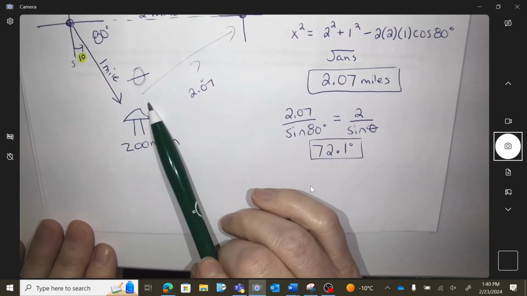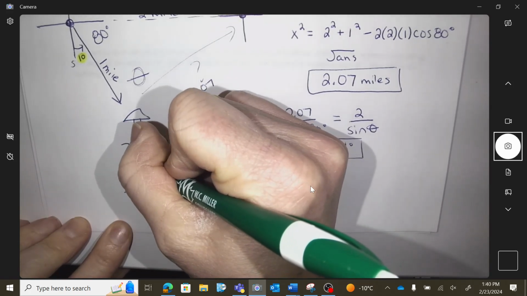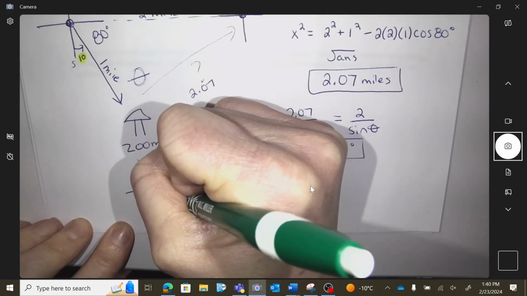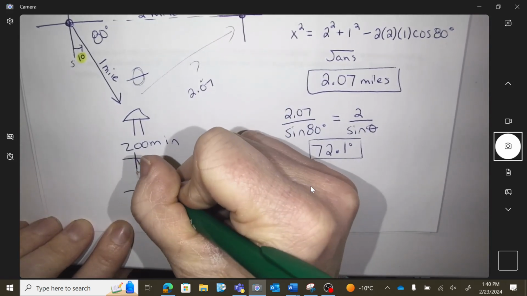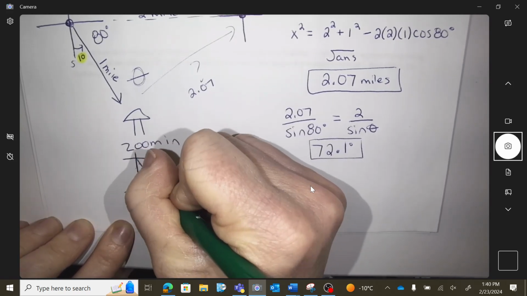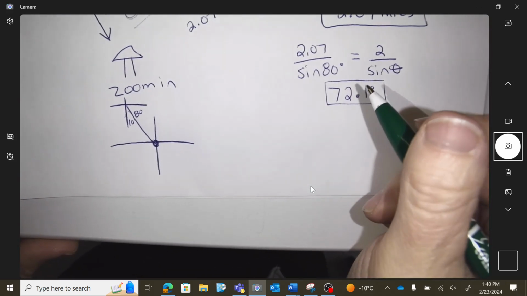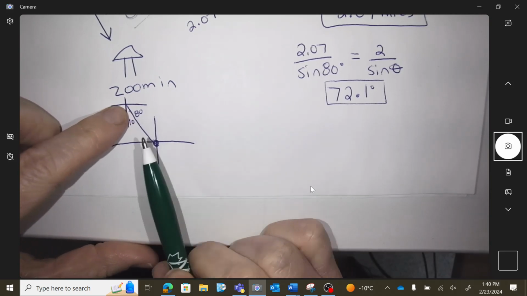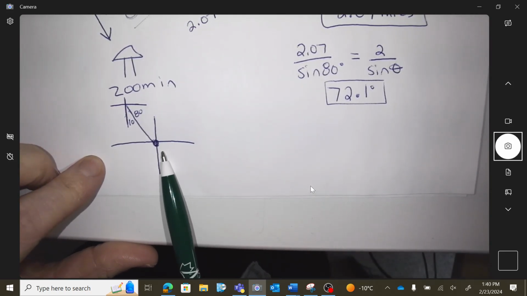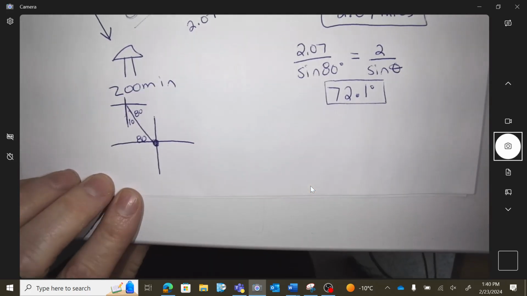Okay, I'm going to zoom in to this corner. Okay, if this stuff was at the top corner and now I'm here, can you use your alternating interior properties to flip the 80 to that side as well?